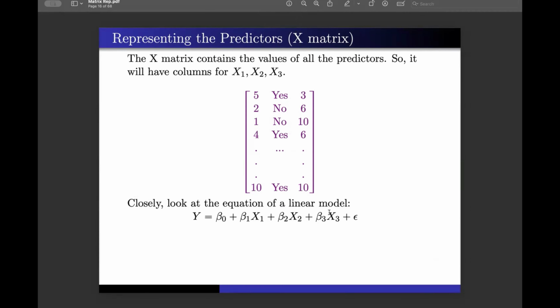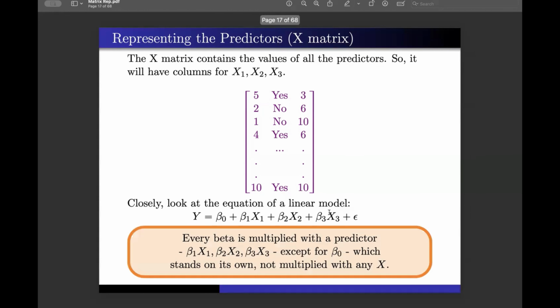But let's look at the equation of the linear model closely. We have y equals beta naught plus beta 1 x1 plus beta 2 x2 plus beta 3 x3 plus epsilon. Here, beta 1, beta 2, beta 3 are multiplied with the independent variables x1, x2, and x3 respectively. But beta naught is not multiplied with any independent variable.